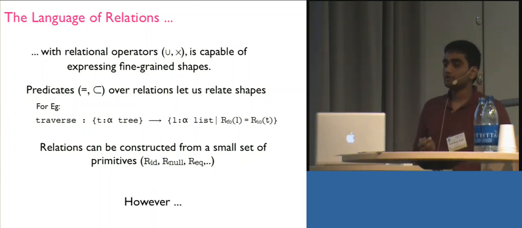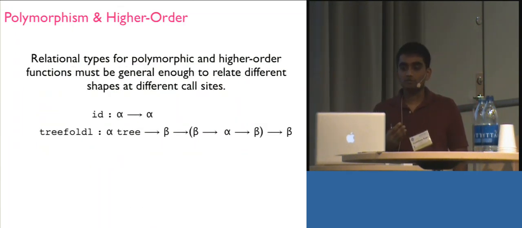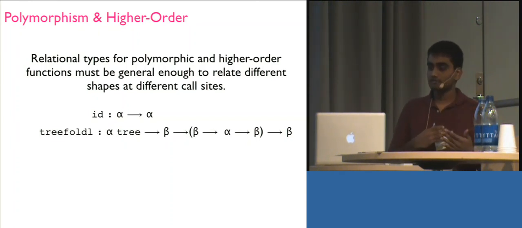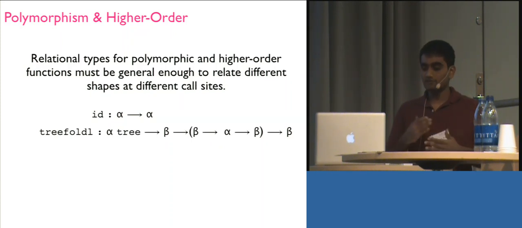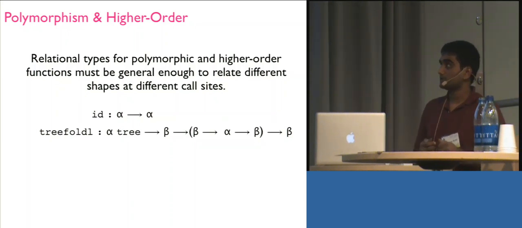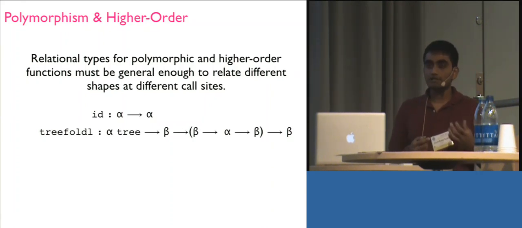However, in order to ascribe shapes to polymorphic higher-order functions, they need to be general enough to relate not just a couple of shapes of a couple of data structures, but also different shapes at different call sites. For example, we have an ID function, which is an identity function, and a treefold function, which is a simple fold function over trees.